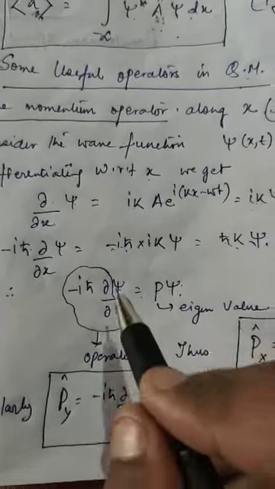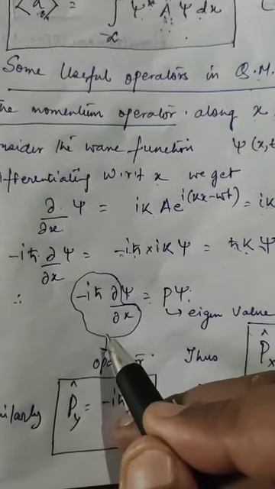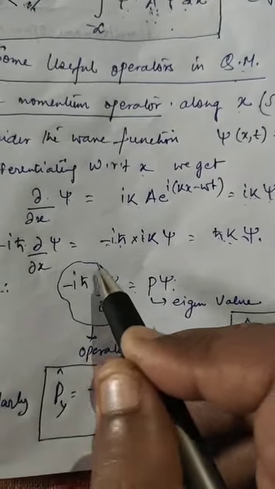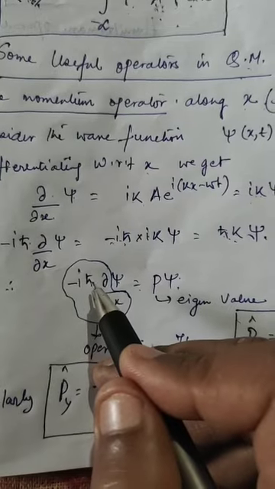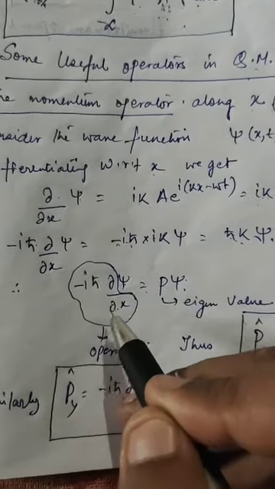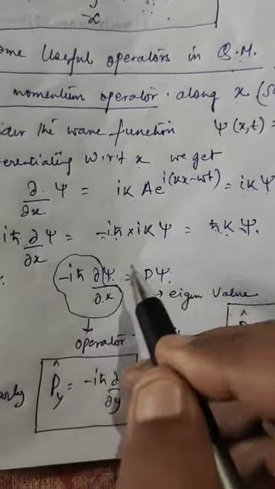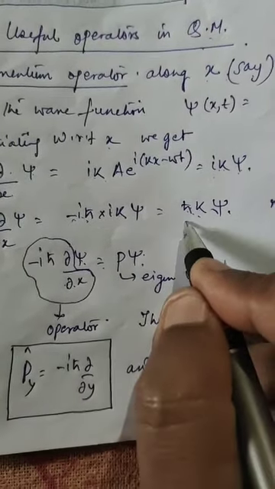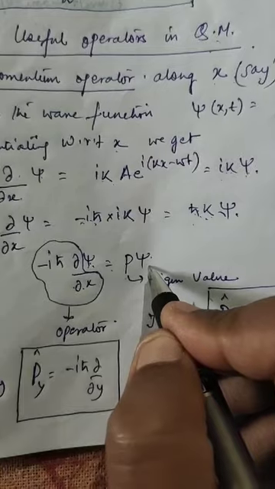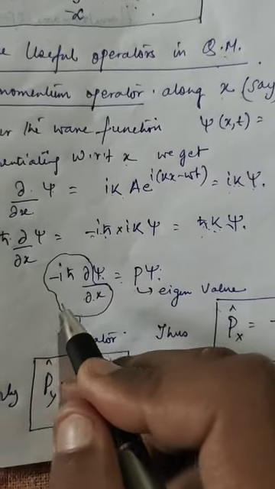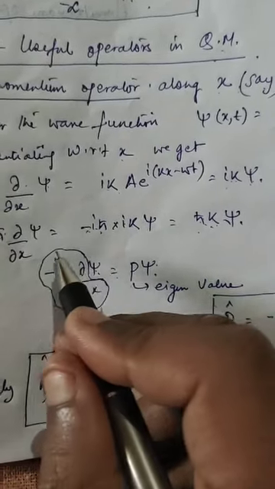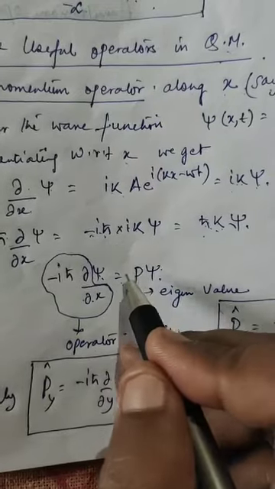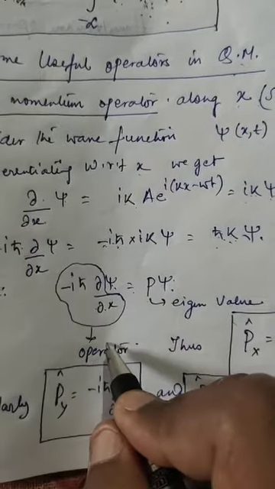So you see this, I've circled it, this is the operator minus i h cross d/dx, which if it operates on psi gives you the value of momentum, which is the eigenvalue h cross k, and psi itself. So isn't this the momentum operator along the x-axis, which gives you the momentum value? So this is the momentum operator.